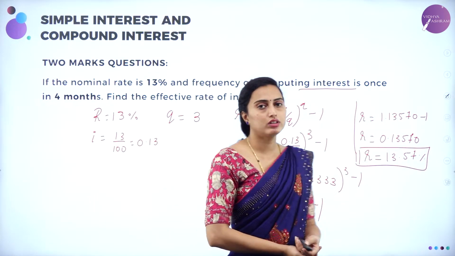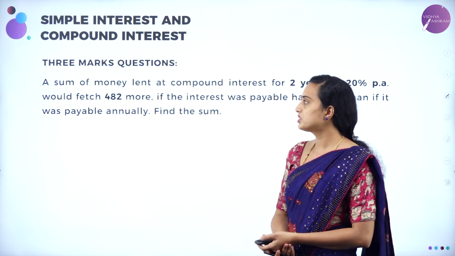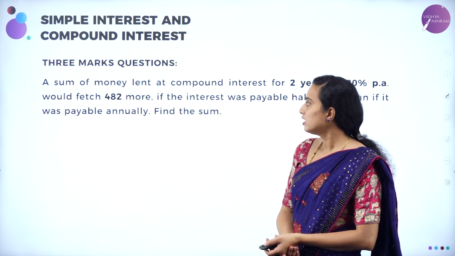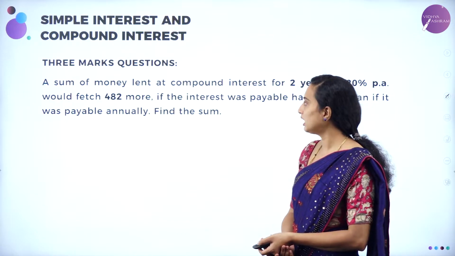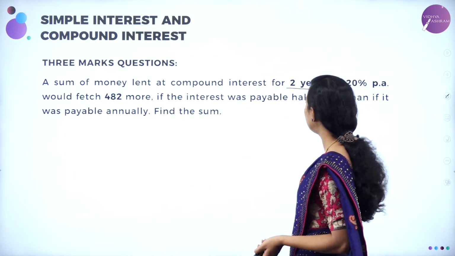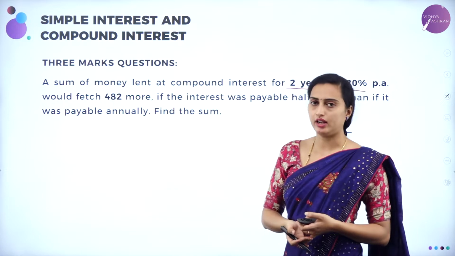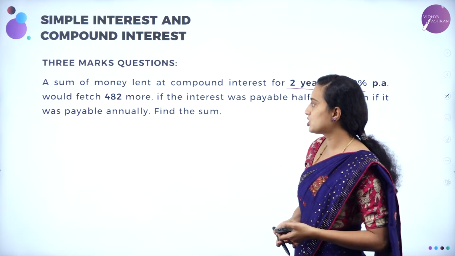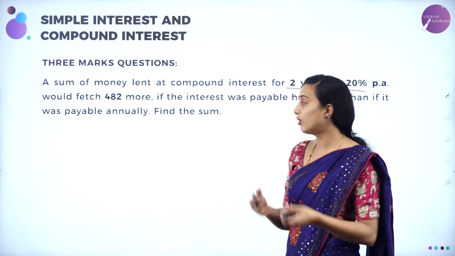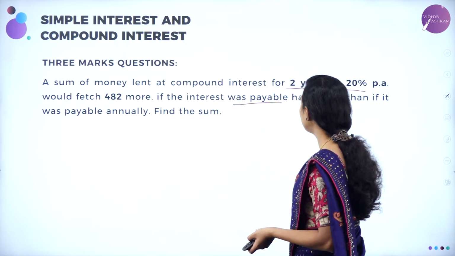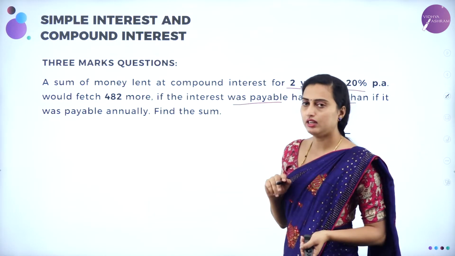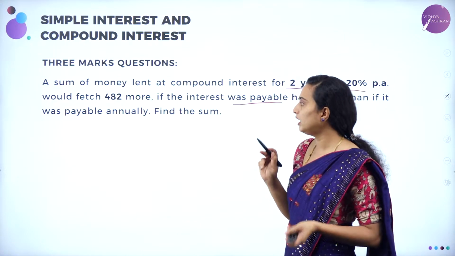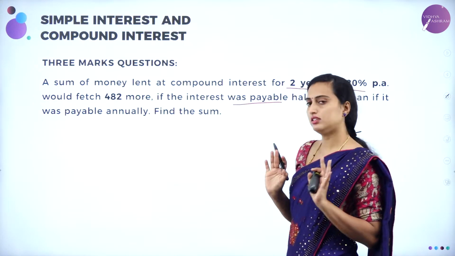Okay, we'll move on to the next problem. A sum of money lent at compound interest for 2 years at 20% per annum would fetch 482 more if the interest was payable half yearly than if it was payable annually. Find the sum.